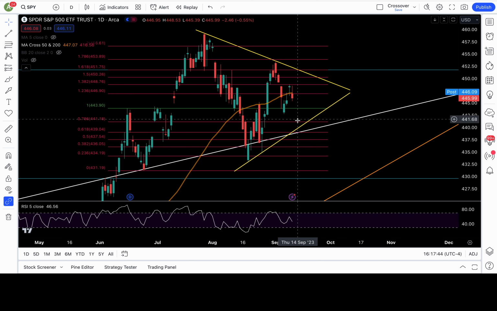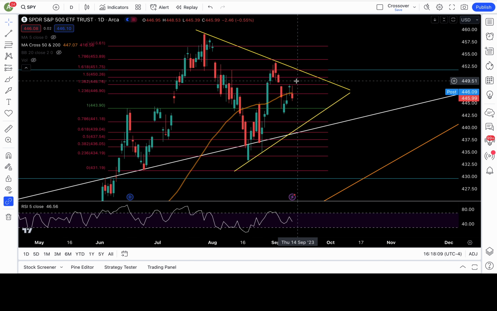Below 444, bearish. I do have 442.5 and 444 as support levels, but I would favor a third test of this triangle pattern support level around 439.6. Okay, 439.6 to the 440 zone down there. But overall, guys, below 447, I am bearish.